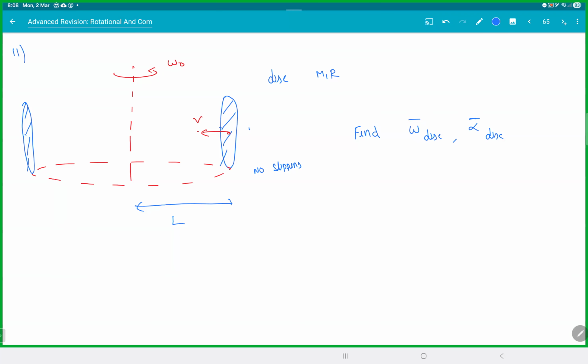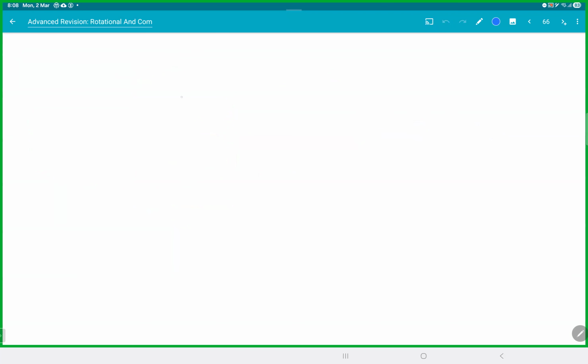How many omegas does the disk have? 2 omegas. So if you look at this disk, it has 1 omega in this direction. Omega 1, this is your rotation, and you have 1 omega in this direction, which is your revolution. I can say like that. Getting it?